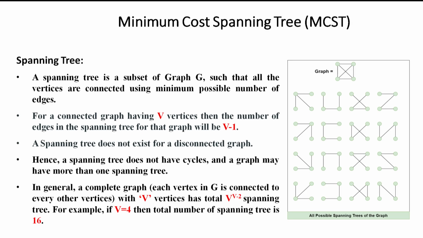A spanning tree is a tree which is a subset of a graph such that all the vertices are connected using the minimum possible number of edges. What is the meaning of that? It is connected with the minimum number of possible edges.